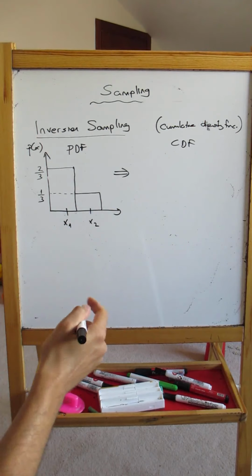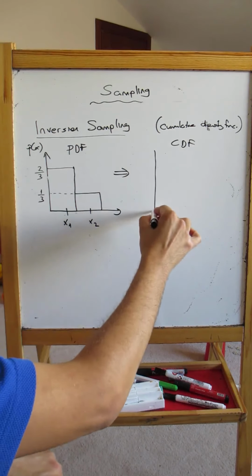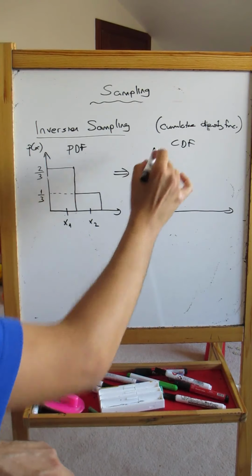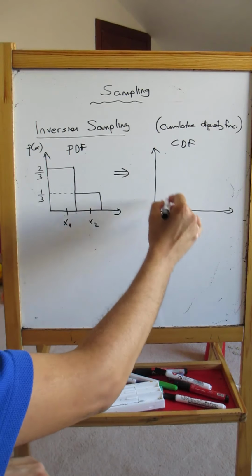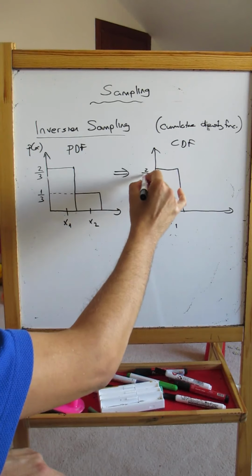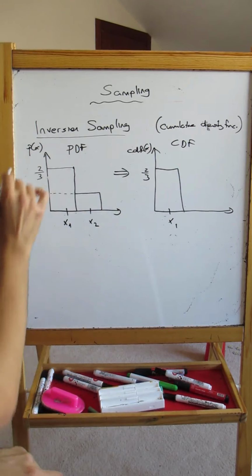The CDF is kind of like computing the cumulative histogram. So for x1 we have again 2/3. So this is the CDF, and this was the PDF.